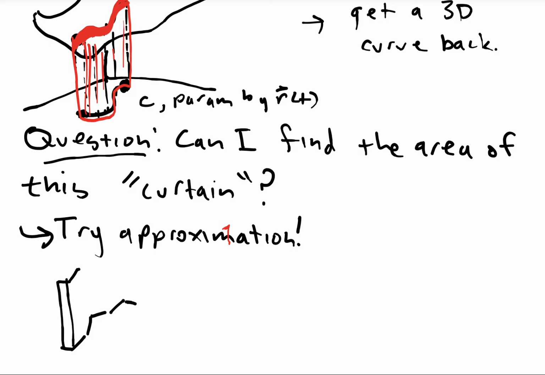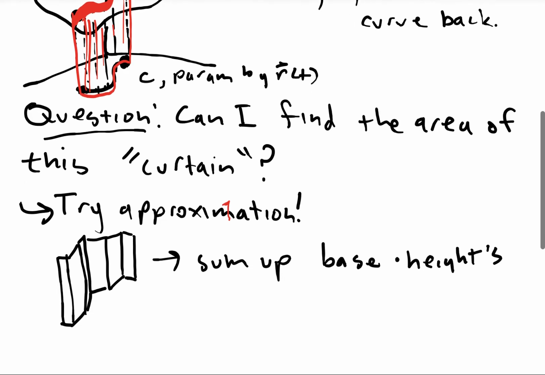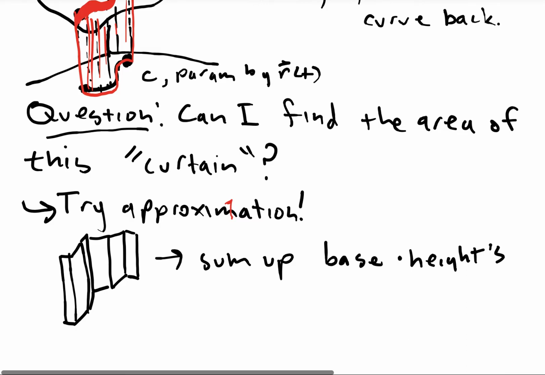If I have this approximable as this series of polygons here, maybe trapezoids or rectangles, I basically can try to sum up a bunch of base times height type of situations, right? Sum up base times heights here. Now, if I sum up all of those base times height kind of things, what is this really going to give me?